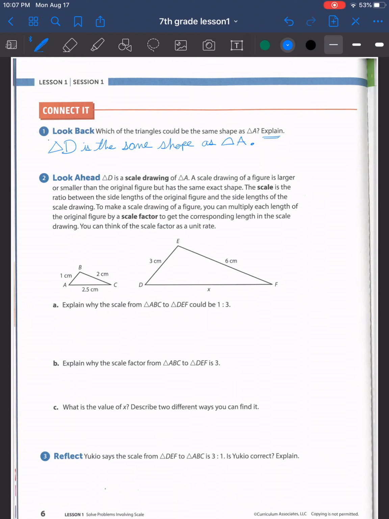Now, don't forget this. Look at that. Explain! You can't just give me an answer and then not back yourself up. Triangle D is the same shape as triangle A. Triangle C is isosceles.